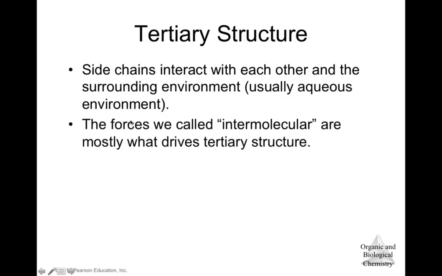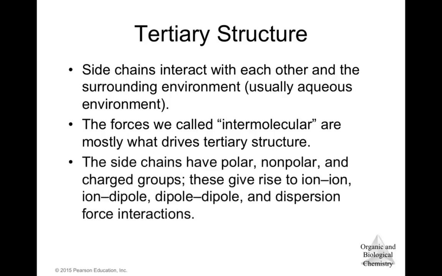The forces we call intermolecular forces are mostly what drive tertiary structures. So basically, the side chains have polar, nonpolar, and charged groups. So this gives rise to the ion-ion, ion-dipole, dipole-dipole, and dispersion force interactions. Those intermolecular forces can stabilize that type of structure.